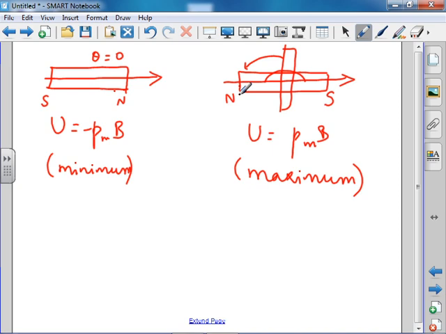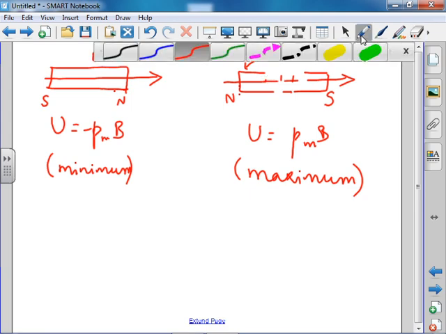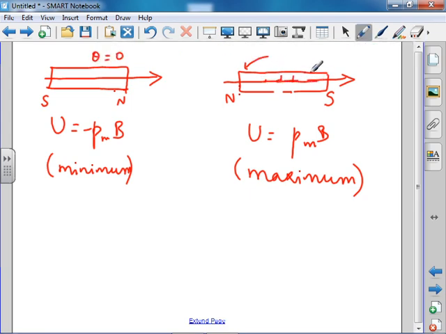If it is aligned anti-parallel to the field, rotated by 180 degree, the potential energy will be maximum. Hope you can understand, children. Thank you.